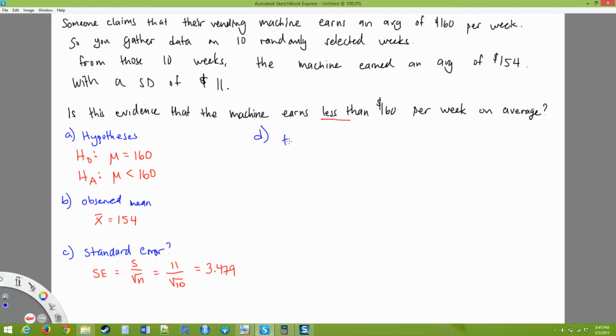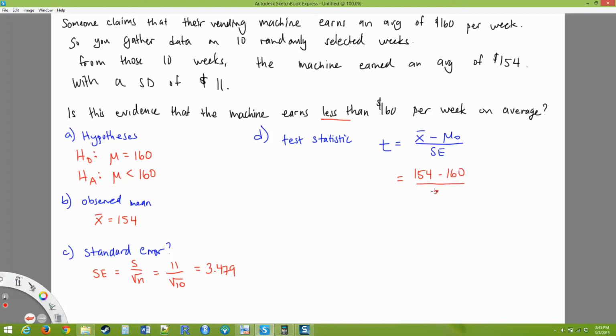Okay, our test statistic is going to be t is equal to x bar minus mu 0 over the standard error. So our t, what is our x bar? 154. What is mu 0? 160. It's the value that shows up in our hypotheses.